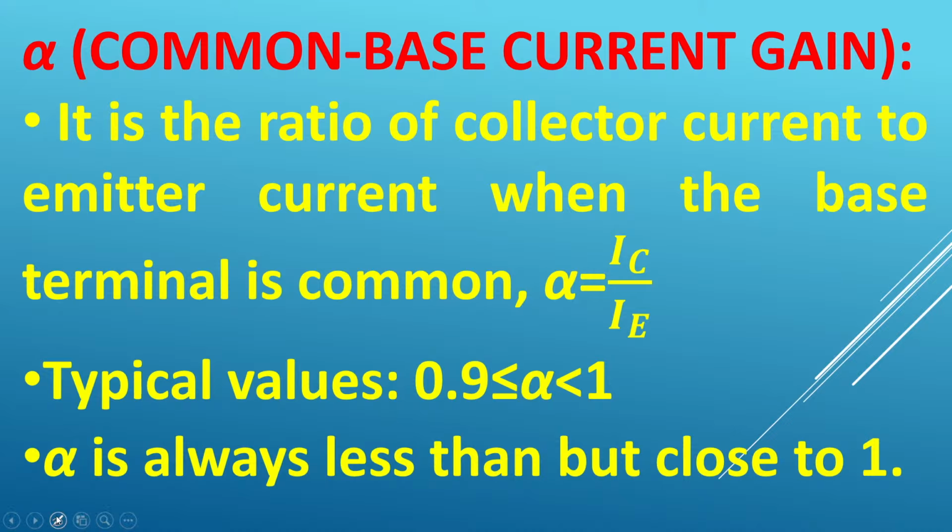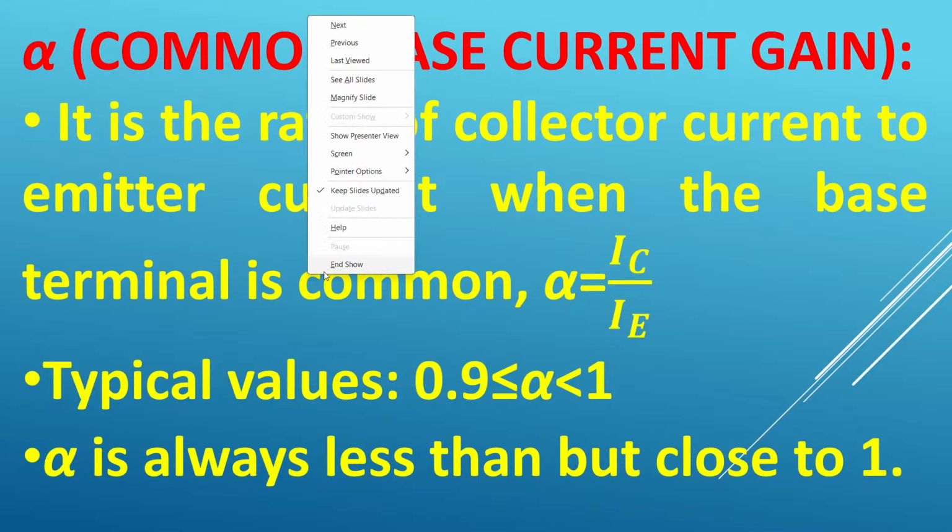It is the ratio of collector current to the emitter current, for a BJT which has a common base terminal. What is meant by common base terminal? I am showing you.